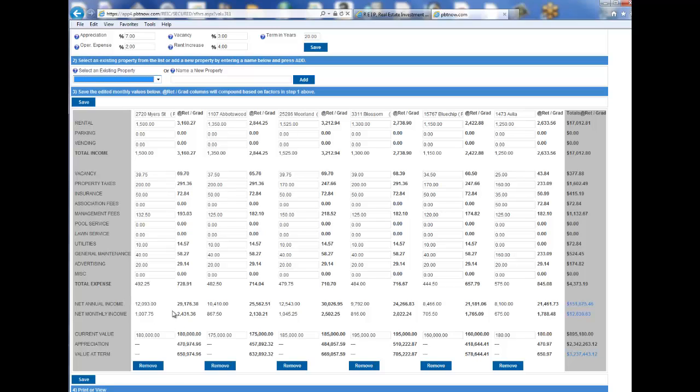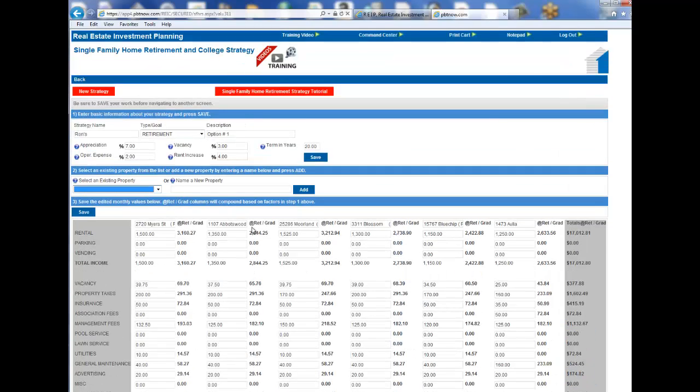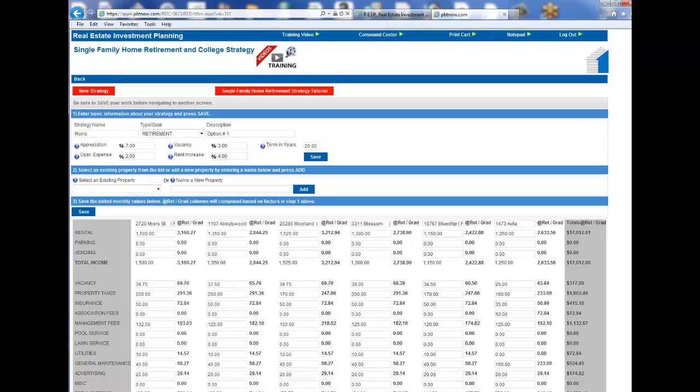So what we've done is we've taken each property, and you can see this is another one. We've done the same thing and just duplicated it six times. So at the end of 20 years, what you would have, if you look across the top here, is a total income of $17,000 a month. Keep in mind now, all these properties have been paid off on the strategy that I just explained.